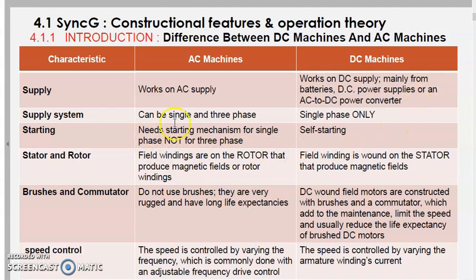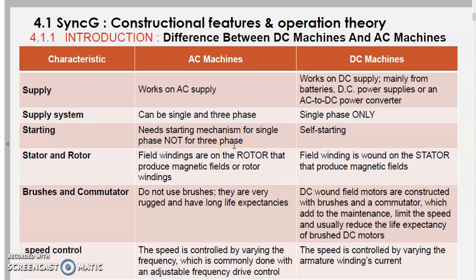The supply system can be single phase or three phase. In terms of AC machine, we have three phase systems, so we have either a three phase induction motor or a single phase induction motor. But for DC, we don't have any phase, so only one phase.